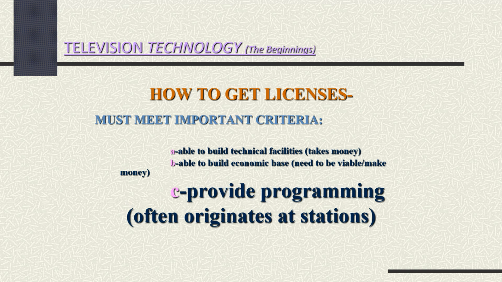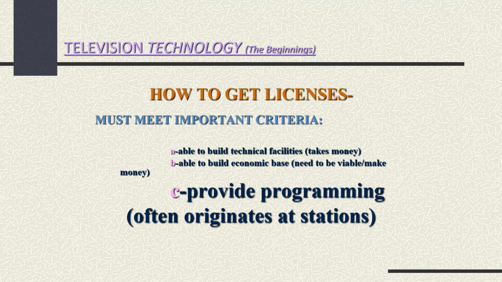But then you had to demonstrate that you could actually put something on the air. That meant that you couldn't just, again, get a license, put the station together, and then put a plant on the air for 8 hours a day. You had to have something that was going to generate interest in your programming.